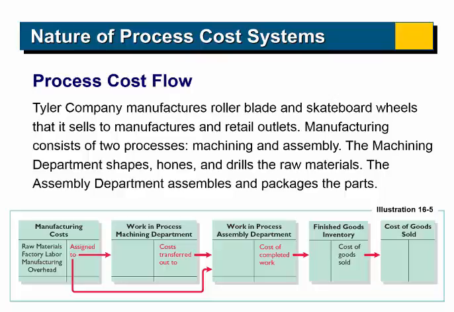Now, when the wheels have been shaped, honed, and drilled, the actual parts of the wheel, once they're finished in that aspect in the machining department, they are considered 100% converted or completed as to the machining of them.